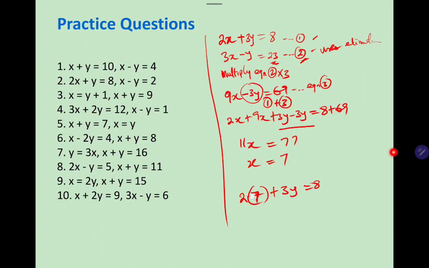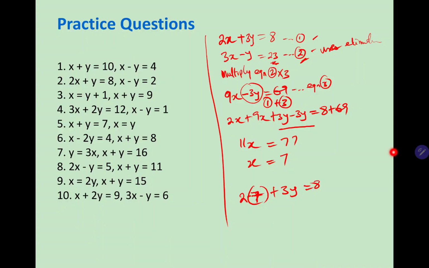So instead of writing x here, we have changed it to 7. So if you observe now, we now have just one variable, one unknown left here, which makes it easy to solve the equation. Because when you have only one unknown in an equation, it's easy to take matching terms or like terms and find the unknown.